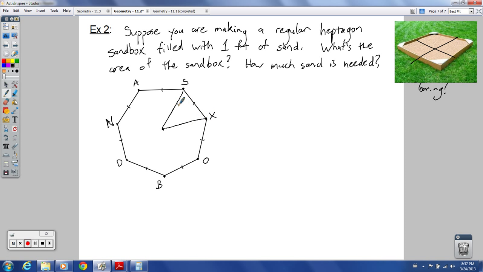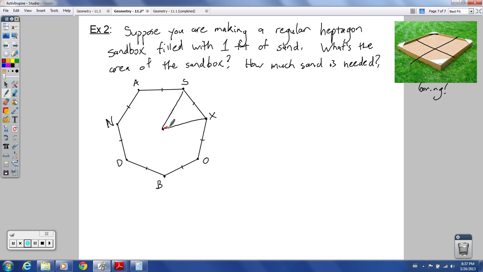So notice you can split this up into 7 different triangles here. We could split it up into, I've got one drawn, 2, 3, 4, 5, 6, and 7 different triangles. They all would have the same area, and so this is another way to think of the problem. It's the area of one triangle and multiply that by 7.